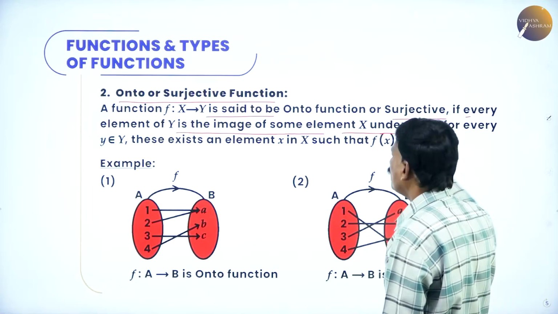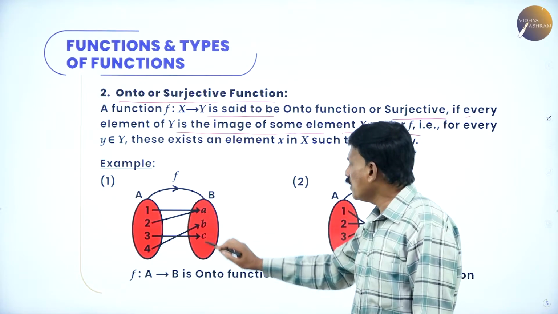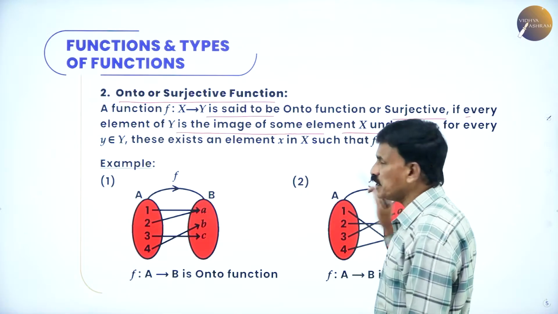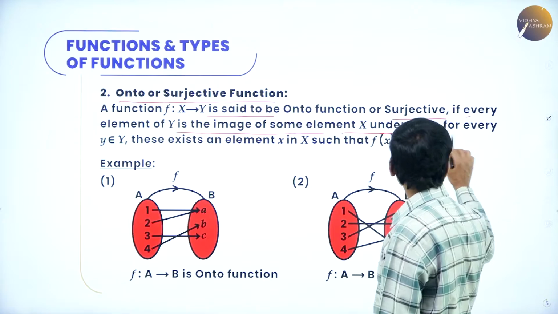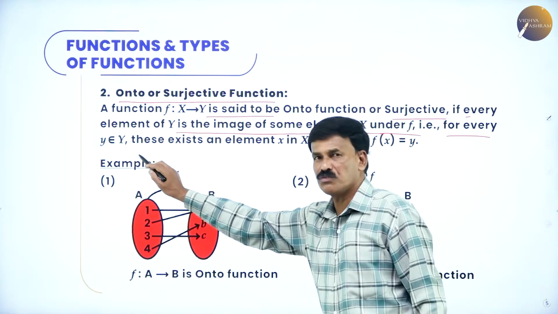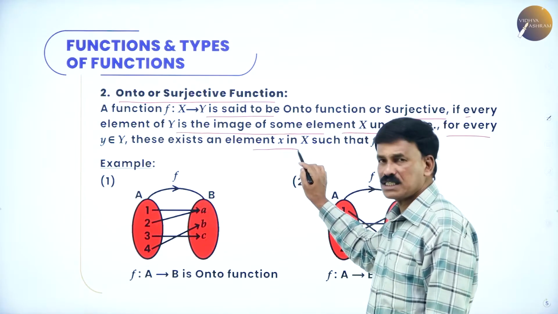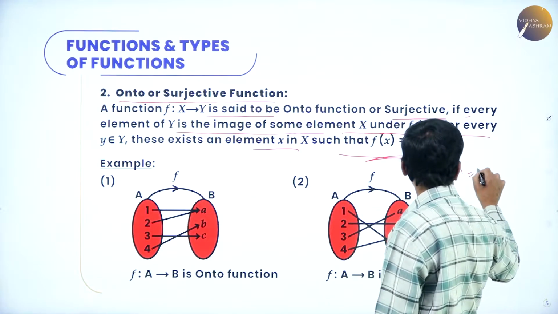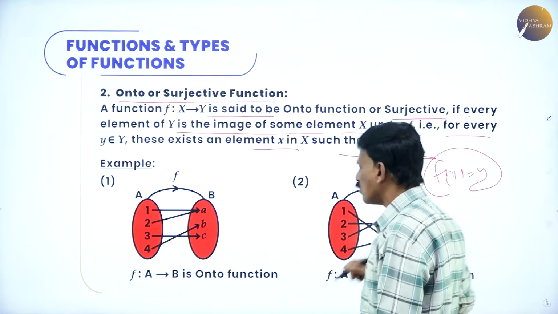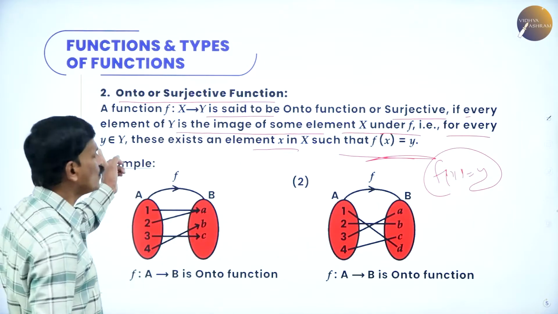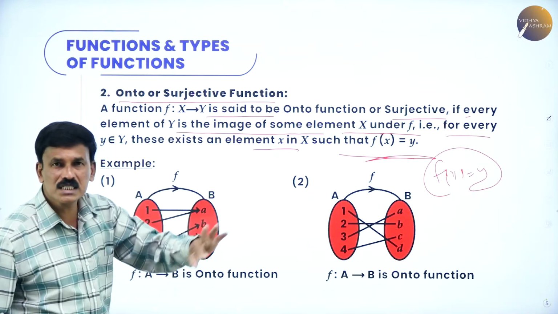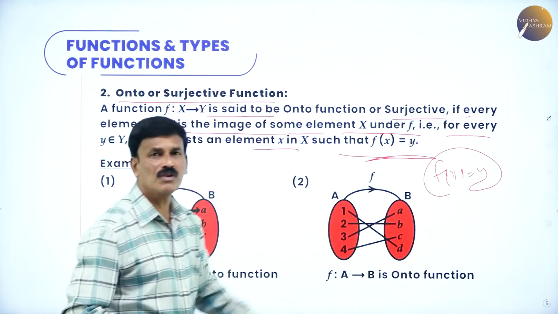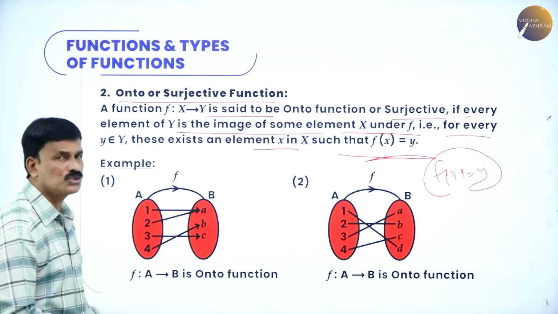That is, for every y belongs to Y, there exists an element x in X such that f of x is equal to y. If f of x is equal to y, then it is called an onto function.